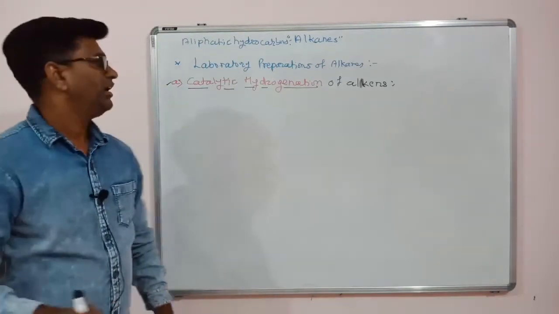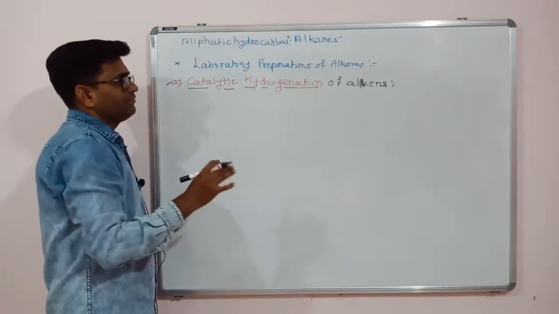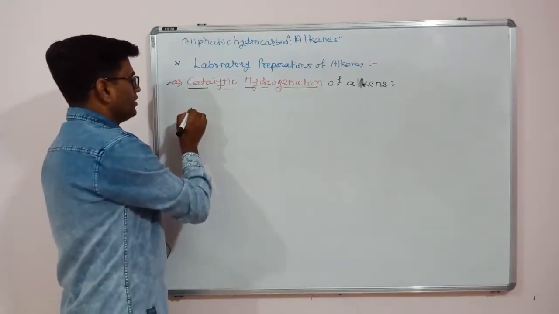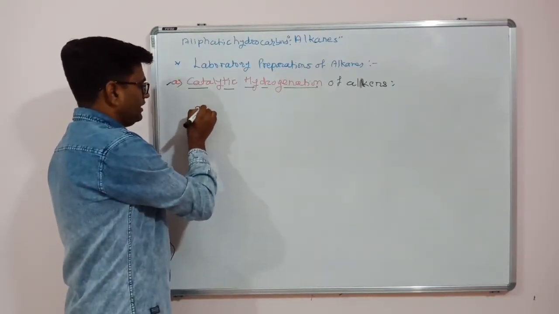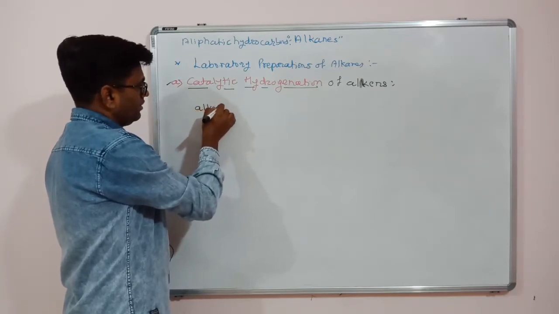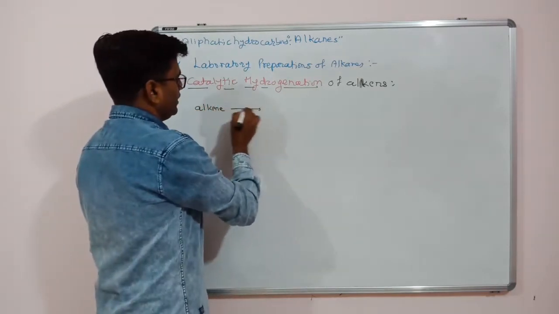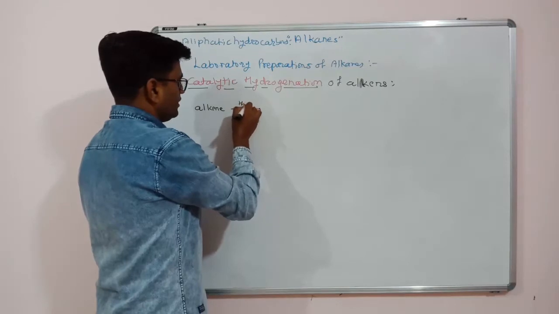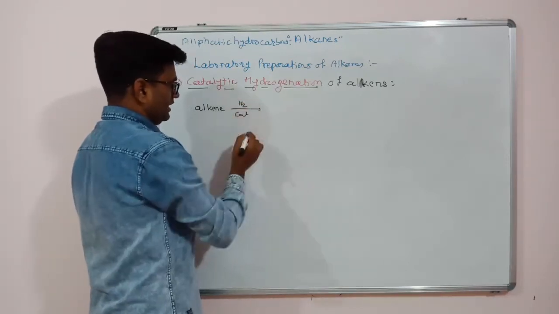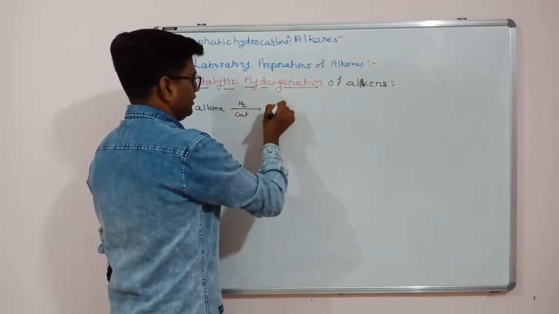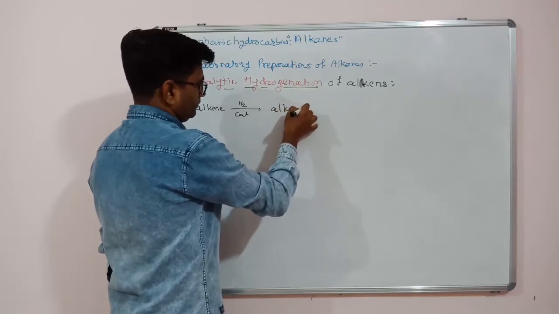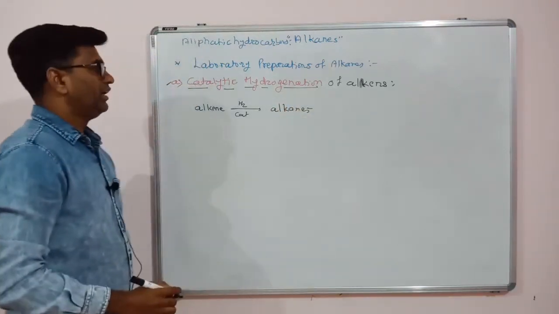So, see here, suppose an alkene, if you are adding catalyst plus hydrogen, a metal catalyst, we will get the alkane.